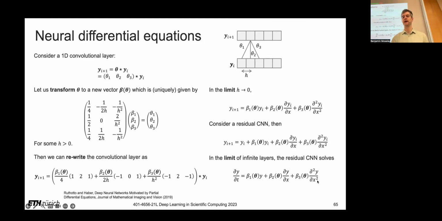Maybe it just depends on its second order gradient in x. So we could just get rid of this and fix the value of beta 2 to be 0. If you reverse that back into a neural network architecture, it would define a new type of architecture which solves a slightly different differential equation. This paper, for example, proposes parabolic CNNs, which does this type of idea.